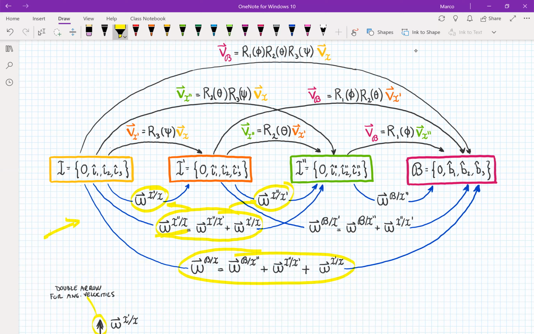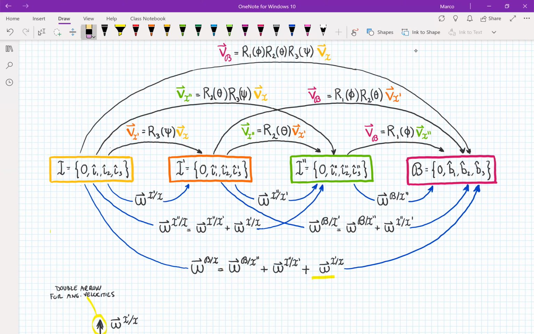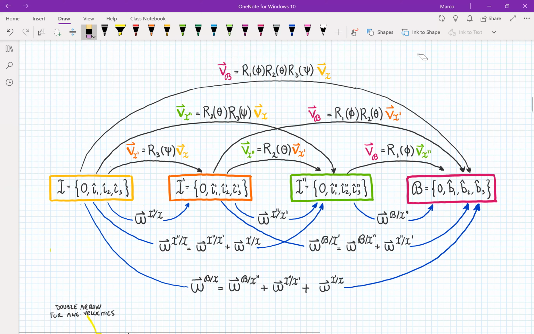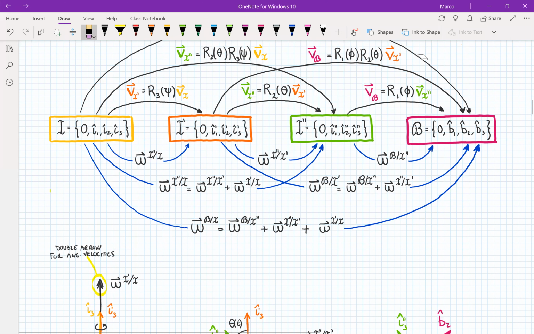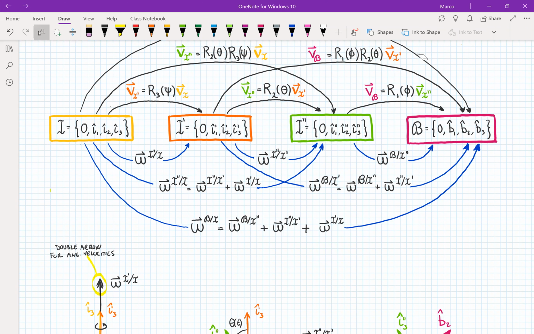If we just want to go from I to B, then you have the overall angular velocity that is the sum of the three relative angular velocities as we saw earlier. Okay, I hope this helps. So just make sure you get familiar with this.